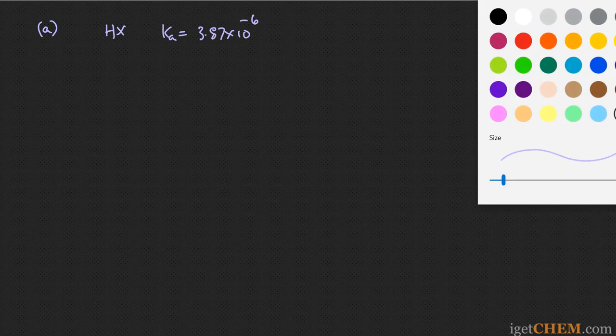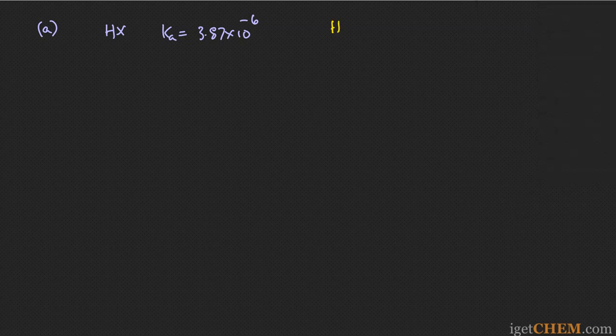So first of all, the problem tells you that there is this weak acid HX, which has a Ka value equals to 3.87 times 10 to the minus 6. So just to remind everyone, if you have an acid, when it is dissolved in H2O, it will donate a proton to the water molecules, making them H3O plus, and itself becoming X minus.